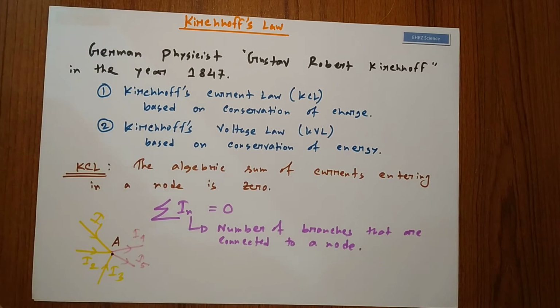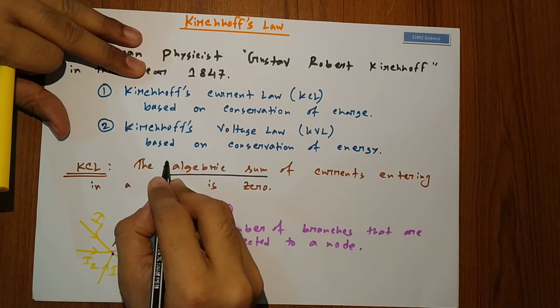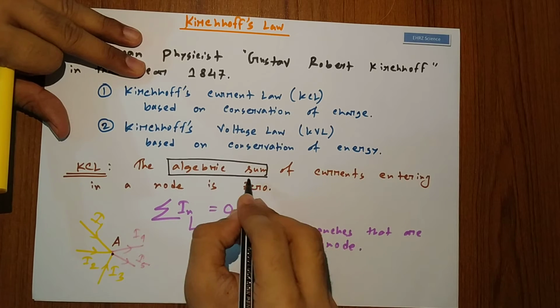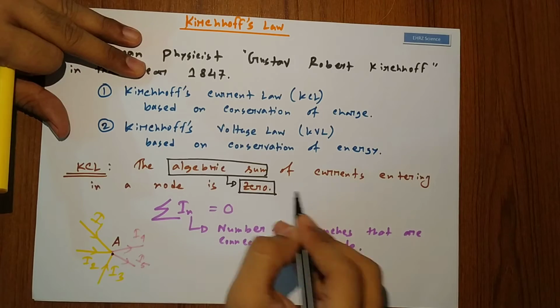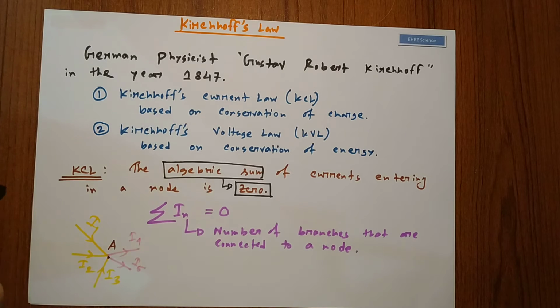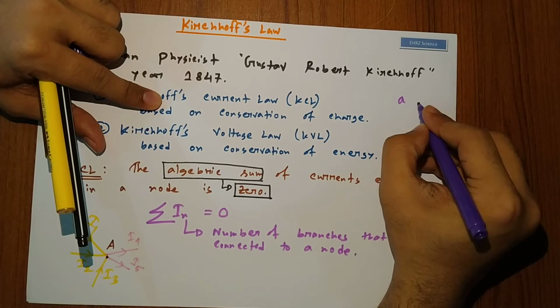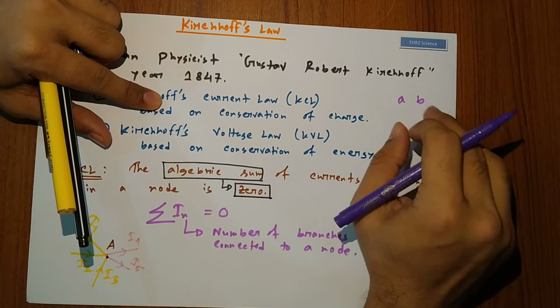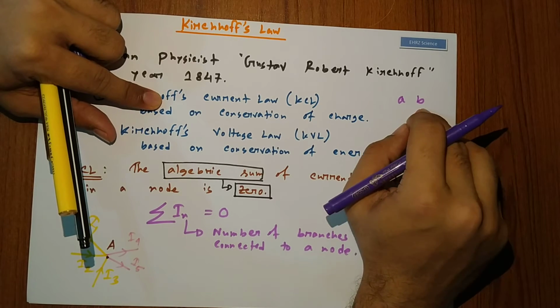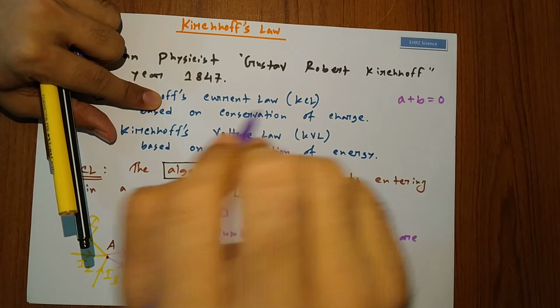Now, from the law we see that the algebraic sum is 0. What does it mean by the algebraic sum is 0? Let us have an example. Suppose A and B, these are two different quantities, but the summation of A plus B is 0.